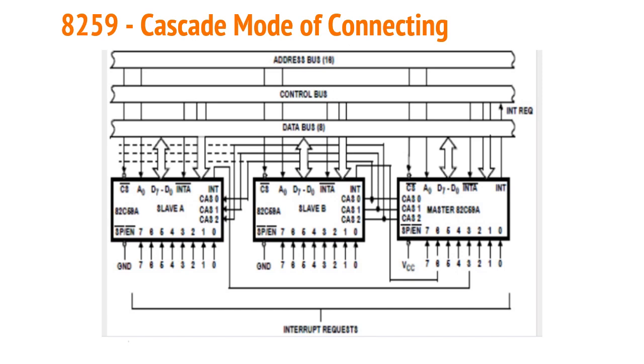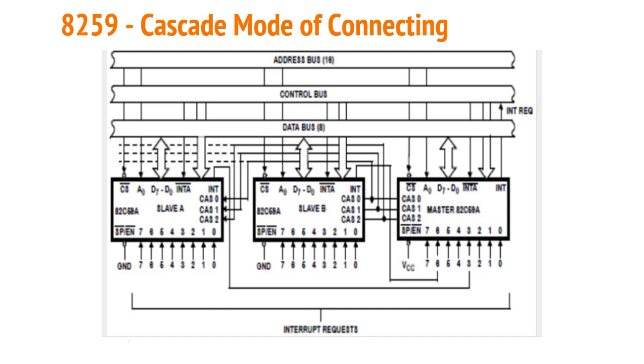There are 8 slaves that can be connected, so each of the slaves will have a unique ID. That means 2 raised to 3, 8 values are needed. So there are 3 lines, CAS0, CAS1 and CAS2, which are used for passing this ID.